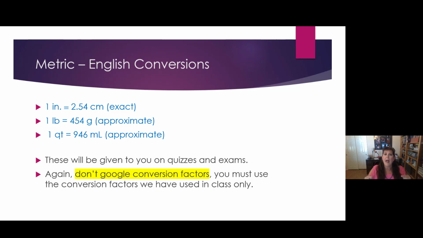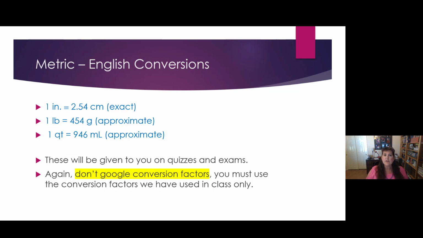That's actually been rounded, so it's going to have 3 sig figs. And then a quart is approximately 946 milliliters. Again, the 946 has been rounded, so 3 sig figs. So the last two that are approximate actually will count for sig figs. They're 3 sig figs.